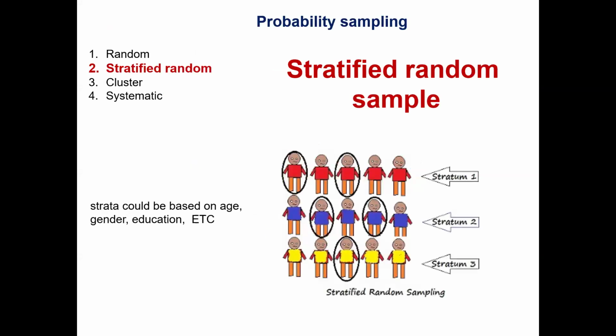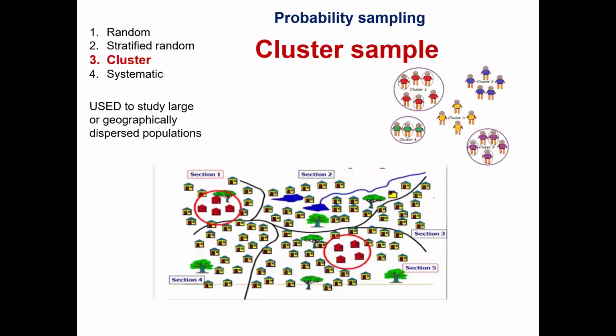Also, we have from the probability sample the stratified random sample. For example, if I'm classifying the classes into strata, for example, semester 1, I will take some of them, semester 2, I will take some of them, and semester 3, etc. So this is called a stratified random sample.